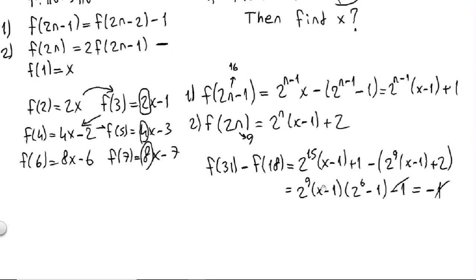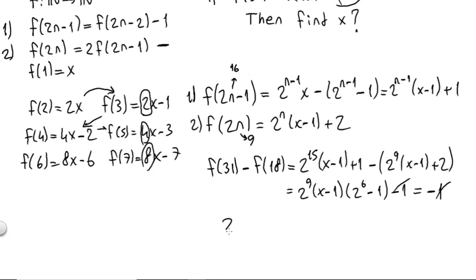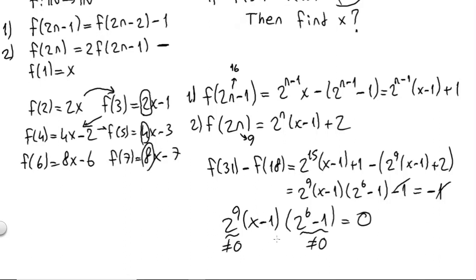Therefore, 2 to the 9 times x minus 1, times 2 to the 6 minus 1, is equal to 0. Obviously 2 to the 6 minus 1 is not 0, and 2 to the 9 cannot be 0. So therefore x minus 1 has to be 0. And from here, x is equal to 1. So this is our answer.